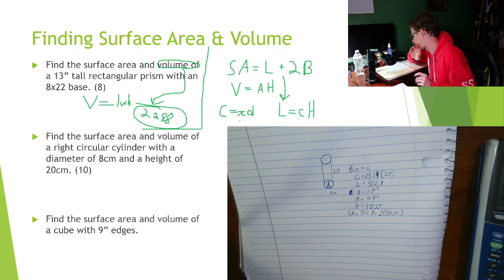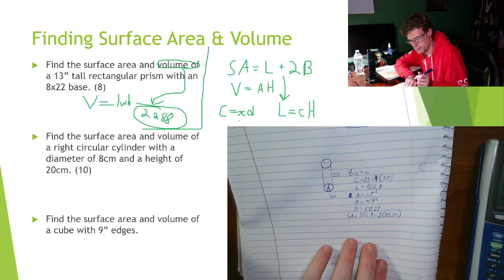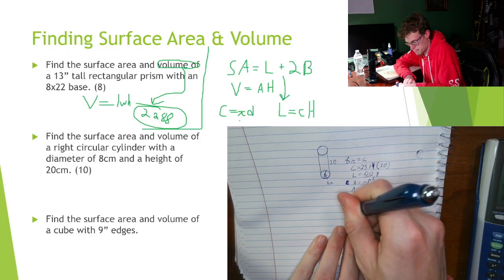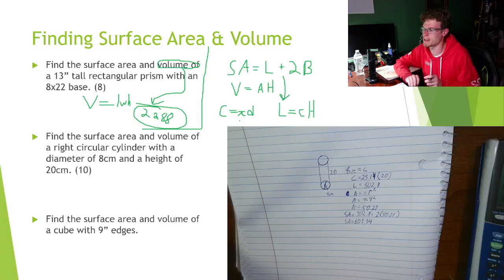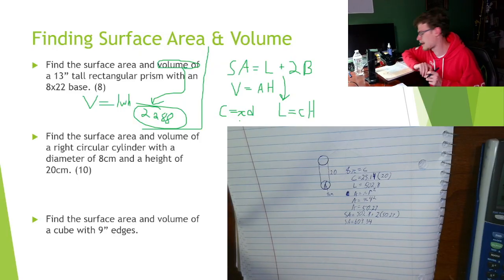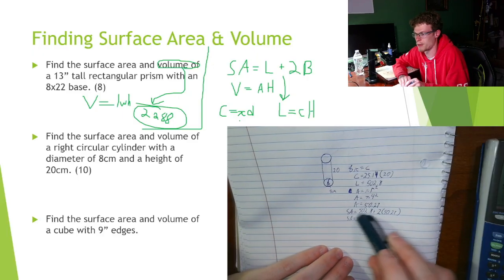And that is going to be the correct answer. Might be off by a couple tenths of a decimal or something along those lines. That's not really a huge deal, but that's what it should come around to be.